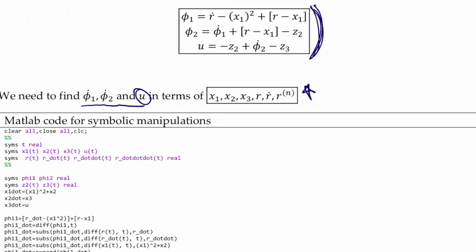Okay, and here we can basically define symbolic variables. Here we can say x1, x2, x3, and u. Okay, and also type in real. Sometimes MATLAB can consider them as complex variables, right?